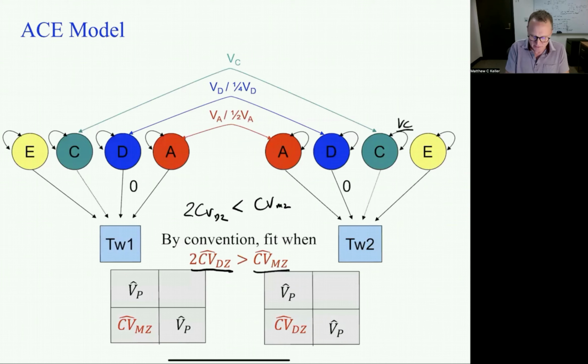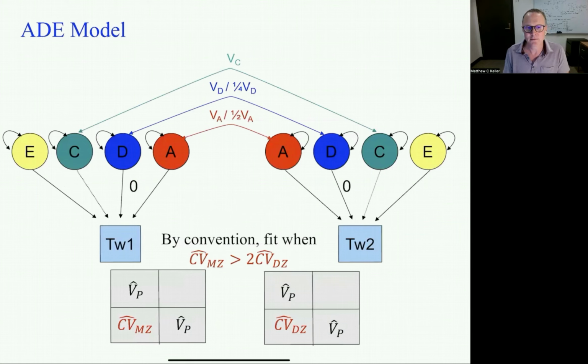So this convention is really there to ensure that none of our variance component estimates go negative, or if you're fitting it with the path coefficient approach, that we don't hit a boundary of 0 on the variance component estimate.